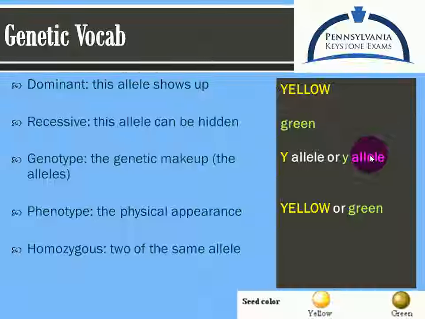In the case of homozygous here, we could be homozygous for the dominant allele, the capital Y, or we could be homozygous for the recessive allele, the lowercase y. So our genotype could either be homozygous dominant, big Y, or homozygous recessive, little y.